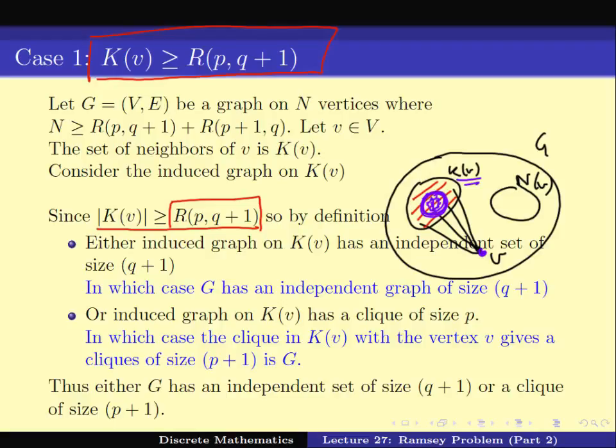So this set along with v gives me a clique of size p plus 1. So either G has an independent set of size q plus 1 or a clique of size p plus 1.